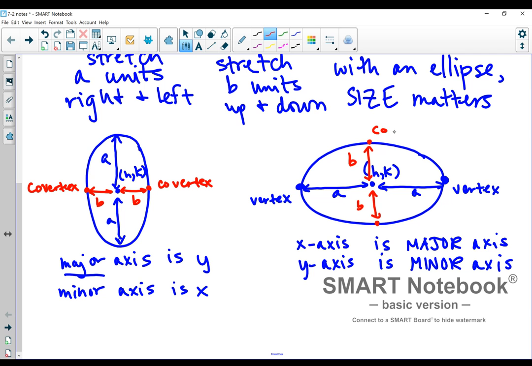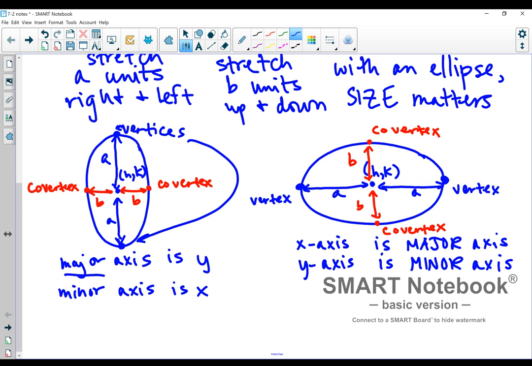So the minor axis, you can tell co-vertex sounds not as important as vertex because they are on the minor axis, minor being smaller. And so I would have a vertex up here and a vertex down here. Or we could draw an arrow to both of them and say vertices, but I think that gets really complicated. I think vertex on both sides is probably better. That's a little bit messy now.